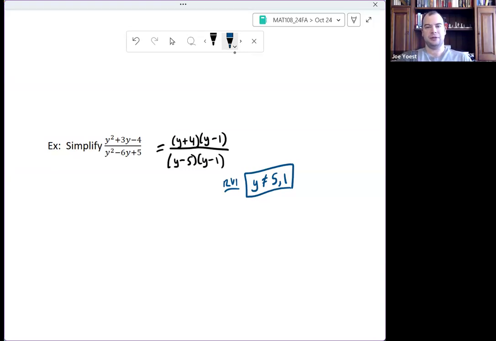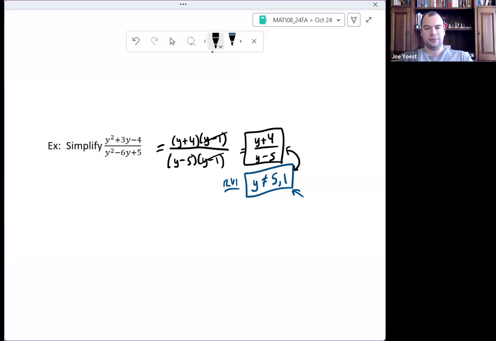So at no point in this string of equalities am I allowed to use inputs of 5 or 1. And the other thing that I can do is divide out this common factor of y minus 1. These two pieces together yield the answer.